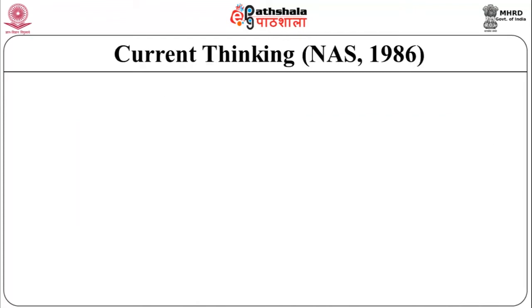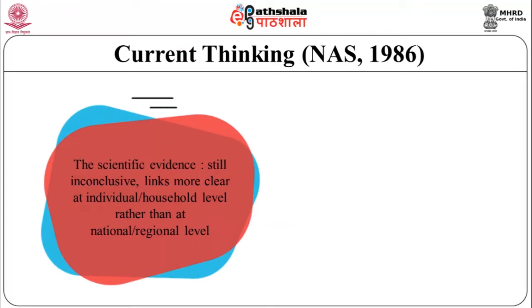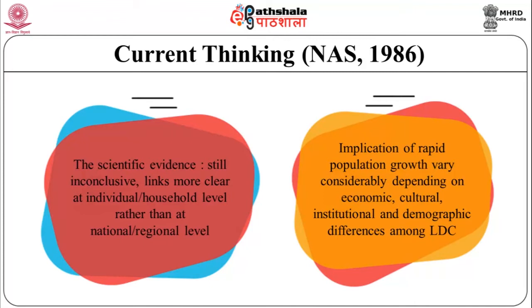Now let us see the current thinking. According to NAS 1986, the scientific evidence, still inconclusive, links more clearly at the individual or household level rather than at the national or regional level. Implications of rapid population growth vary considerably depending on the economic, cultural, institutional, and demographic differences among LDCs.